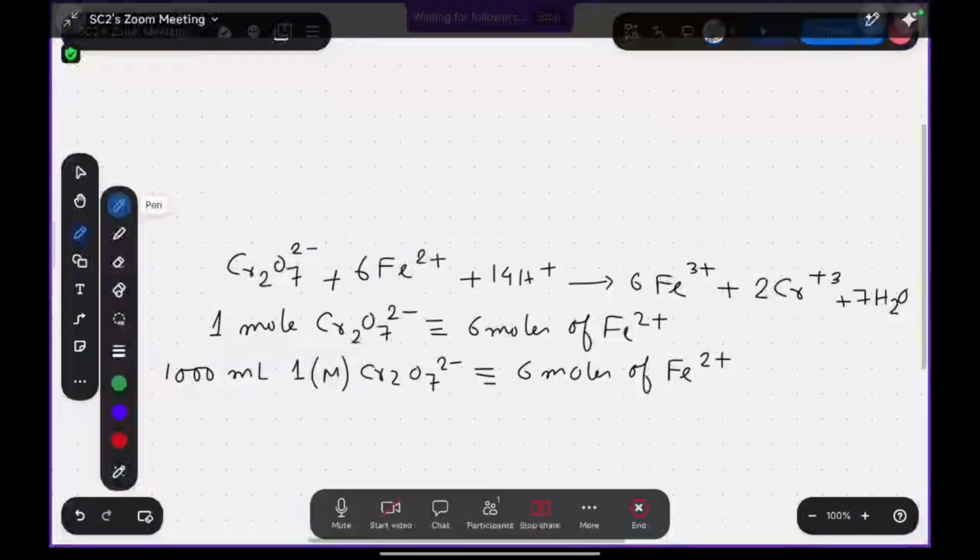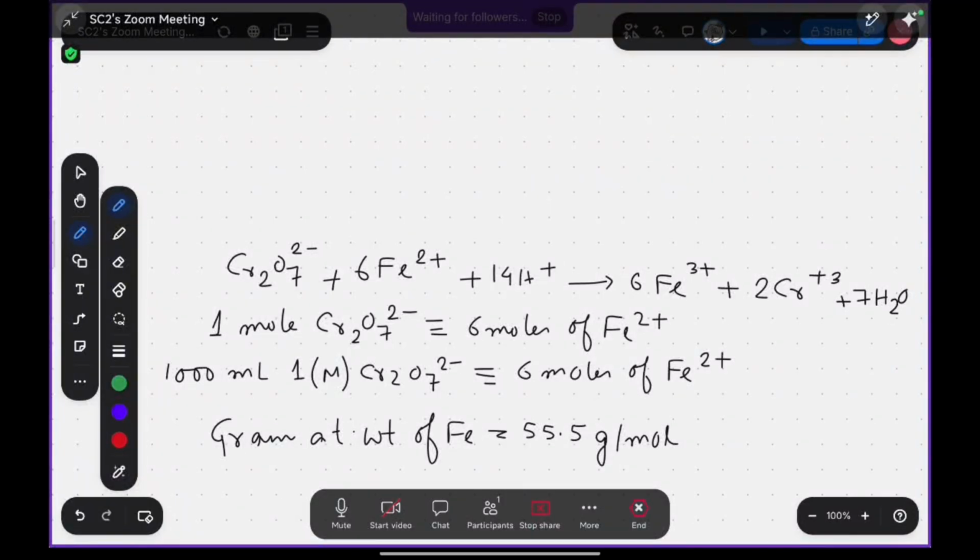What is the gram atomic weight of iron? The gram atomic weight of iron is 55.5 gram per mole, which means 1 mole of Fe, or Fe2 plus.